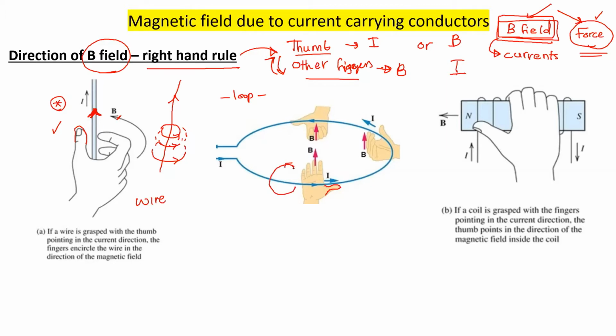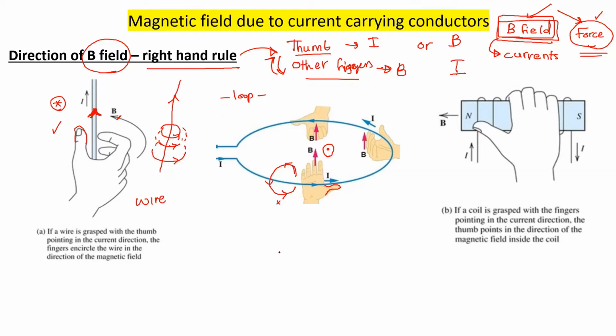It comes out from inside and then goes like this. Inside, your B field comes out, and outside your fingers curl inside, right? So it goes into the plane from outside. So this is one way to do it. But for this, you will have to take your hand all around the loop.